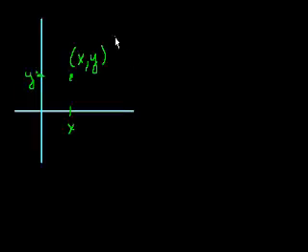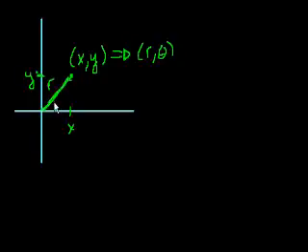So how do we convert this to polar coordinates, r, theta? Well, let's do the same thing that we did in the last video. Let's say this length is r, and this angle is theta. So going into what we did in the last video, we use the Pythagorean theorem. We say that x squared plus, because this distance here is also y, right? This distance here is x.